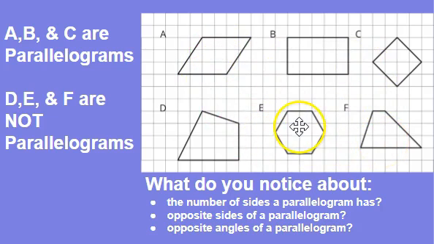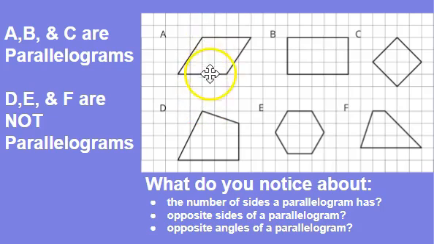With the exception of E, all of these are quadrilaterals. Remember, a quadrilateral is just any 4-sided shape. A parallelogram is a little bit unique in that it has opposite sides that are parallel, and that the opposite angles are congruent or equal.